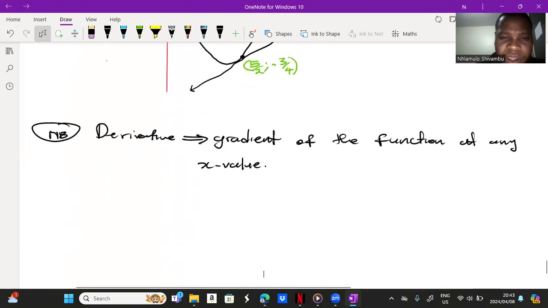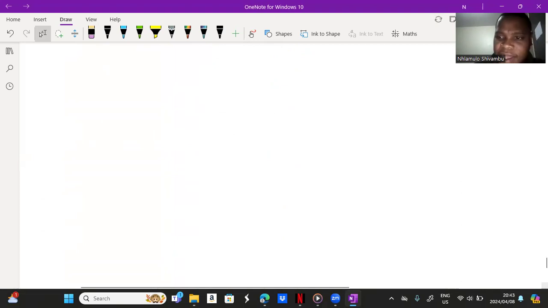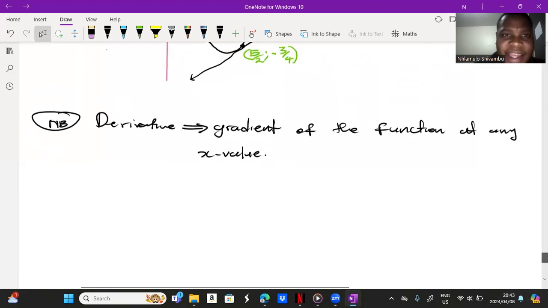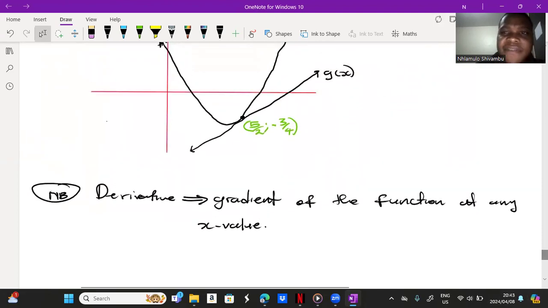Number two, you must note that the curve and the tangent, they have equal gradients at the point of contact. That's point number two. Number one there.